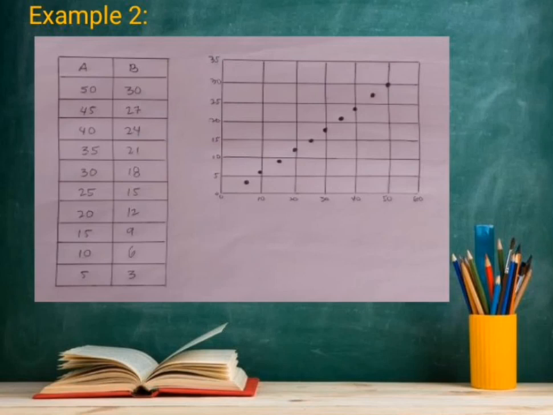Observe from this data that for every increase of 5 units in the items in column A, there is a corresponding increase of 3 units in the items listed in B. You will also observe that the points lie along a straight line running from the lower left to the upper right of the scatter diagram.